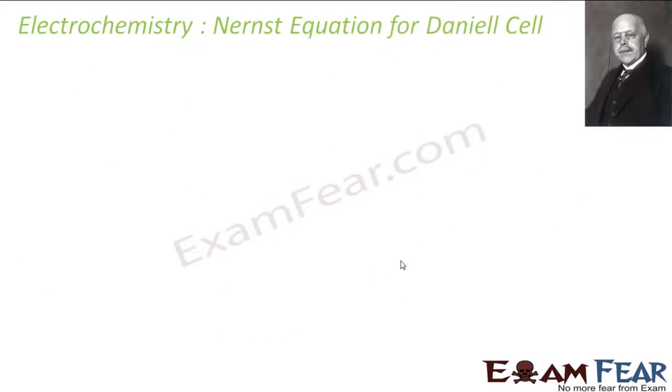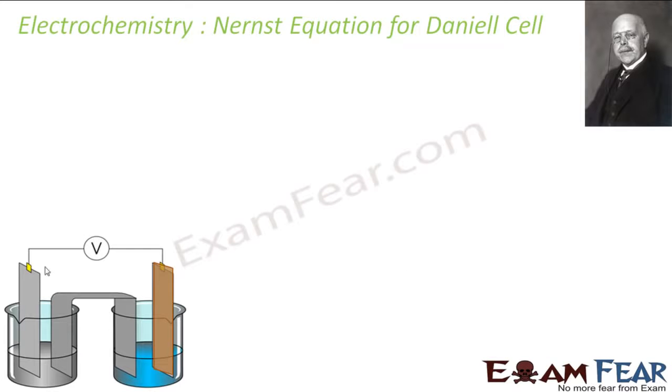So let's apply this to the Daniell cell now. In the Daniell cell we have the anode here and the cathode here. By representation, this is my zinc, this is my copper, and this is my Zn2+ and this is my Cu2+ solution.